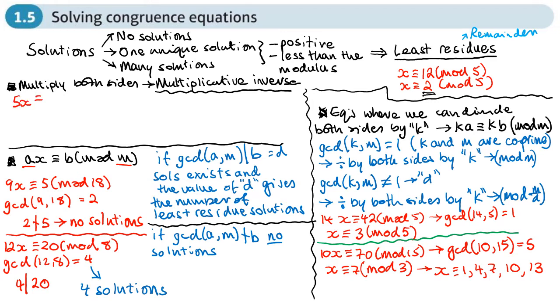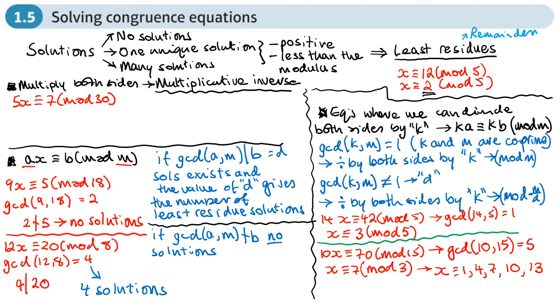5x is congruent to 7, let's say under mod 30. The problem with this is that 5 and 7 do not have a common factor, so we can't divide, but we can work out what to multiply both sides by. So this basically becomes x is congruent to something.